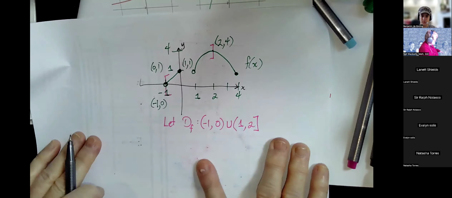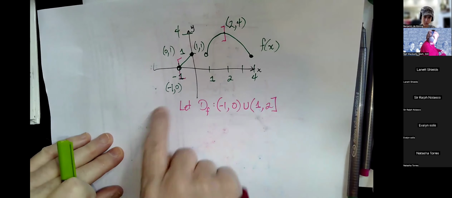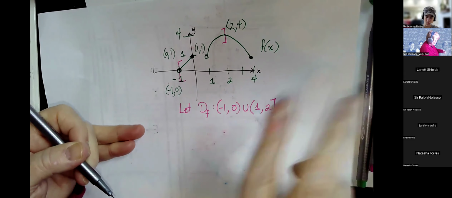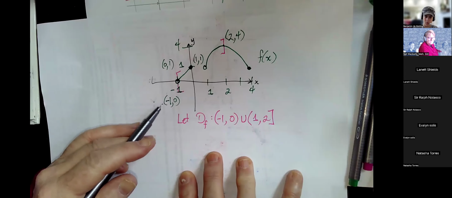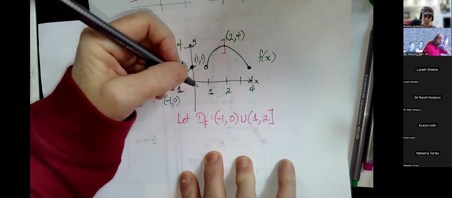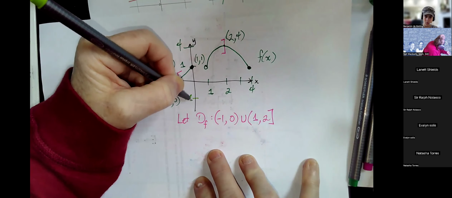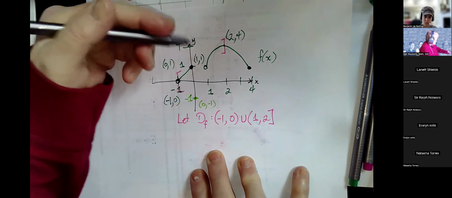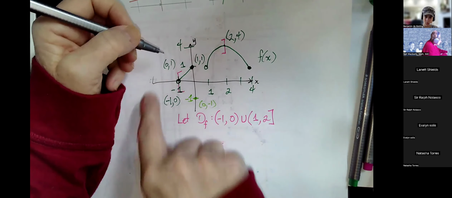Beautiful. Okay, so what am I going to do with this -1, 0? Flip. Just flip x and y. Okay, so that'll be 0, -1. And this point 1, 1. No, this point 0, 1.